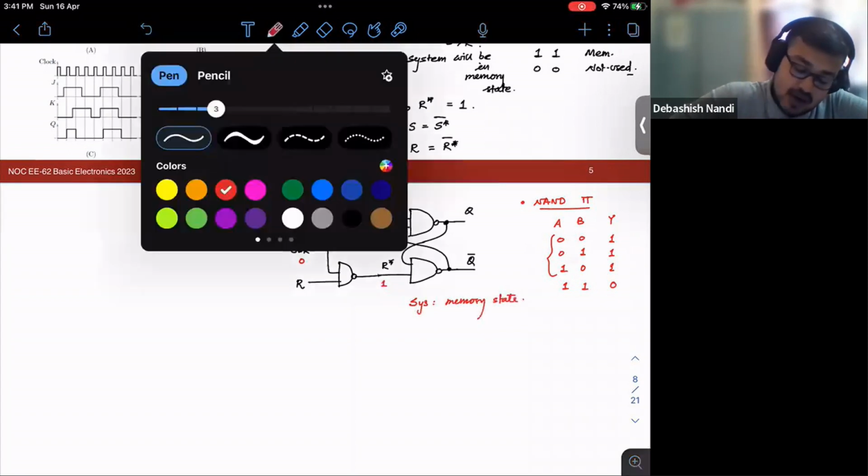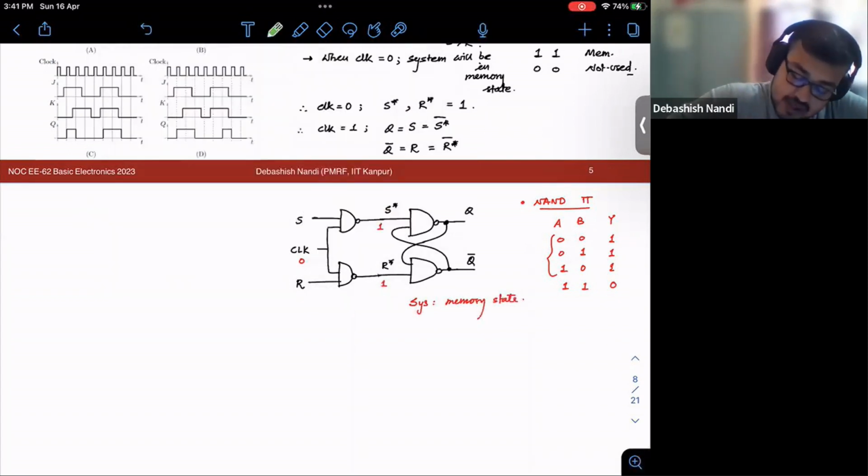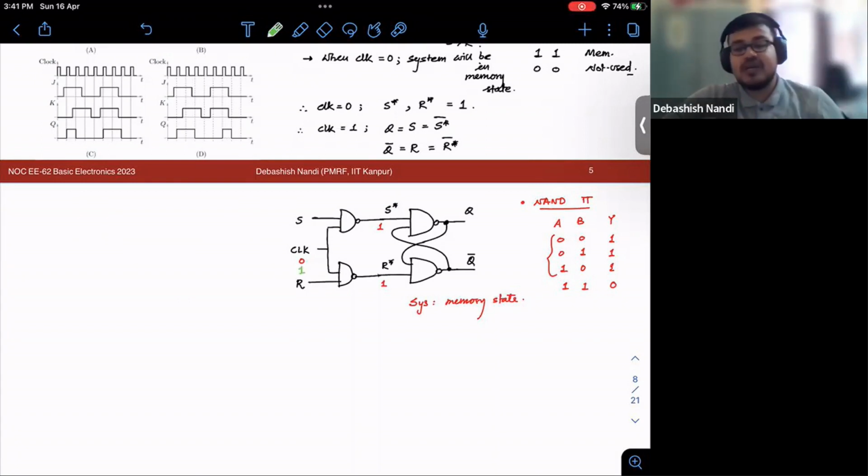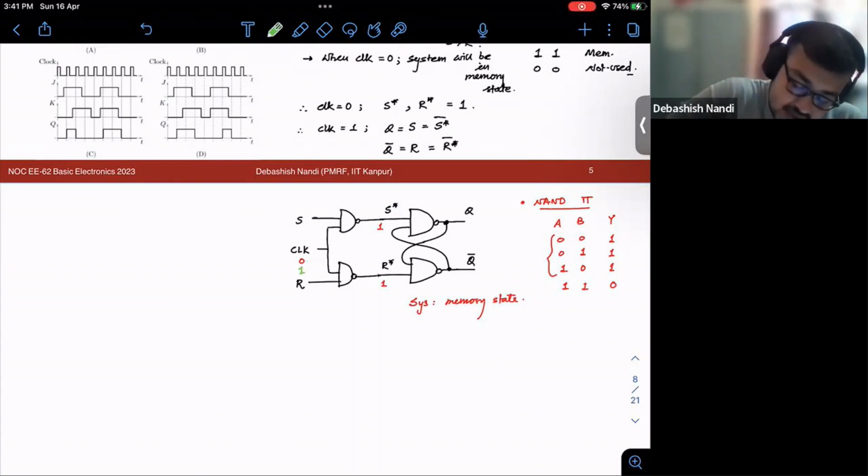Now let's say your clock is 1. That means you want to read the inputs. If your clock is 1 and your other input is 1, then the output will obviously be 0.